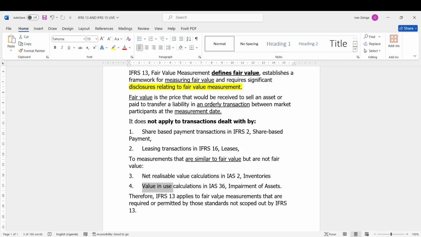Yes, which is the higher of fair value less costs to sell, and the value in use, not so? Yes. So for this value in use, we do not talk about IFRS 13, and the reason is we always discount the future cash flows. Is that true, Ivan?